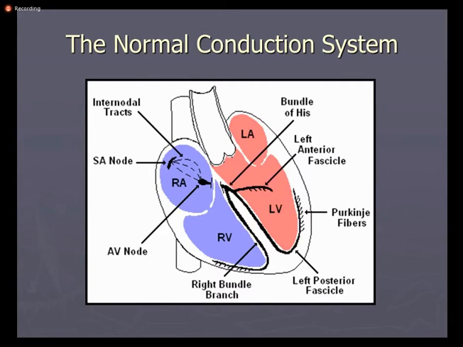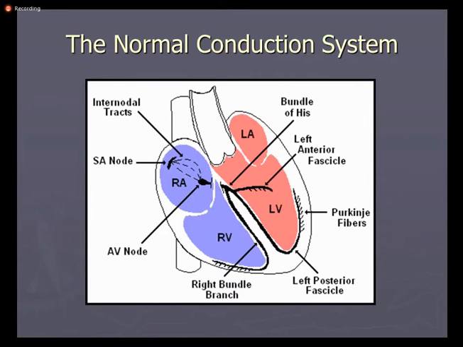The SA node is present in the upper part of the right atrium. The SA node is a normal electrical generator where the electrical activity is generated generally at a rate of 60 to 100 per minute.